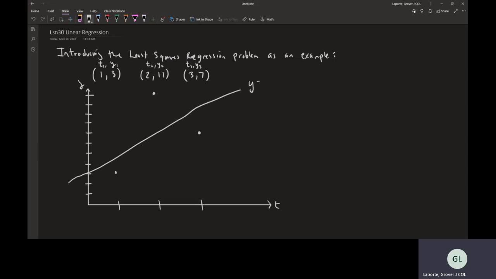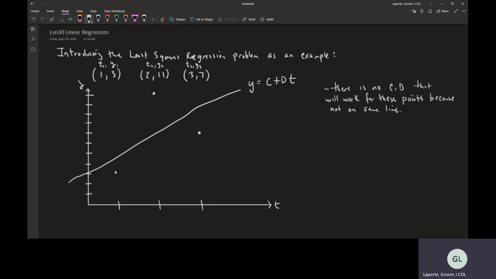If I'm looking for y equals c plus d times t, we know right away there is no c and d that will work for these 3 points, because the 3 points aren't on the same line.